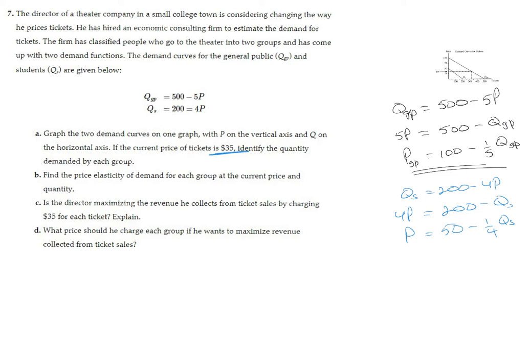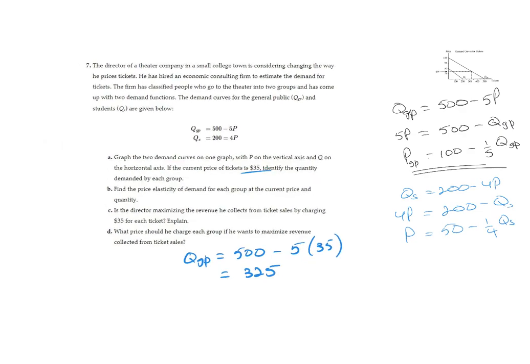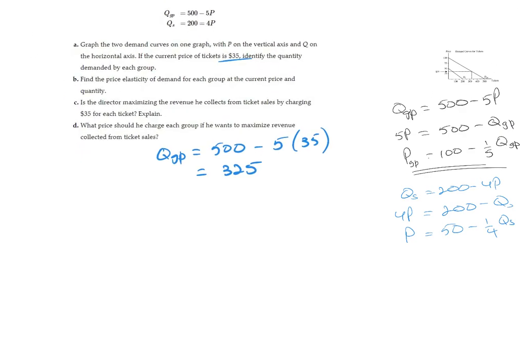So to do this, we would write down Q general public equals 500 minus 5 times P, which is our 35, which once we simplify will equal 325 tickets. So this is the demand for general public, 325 tickets.